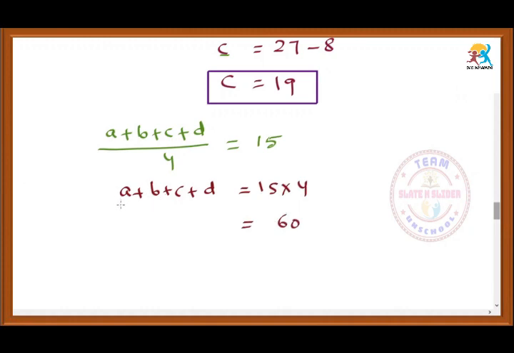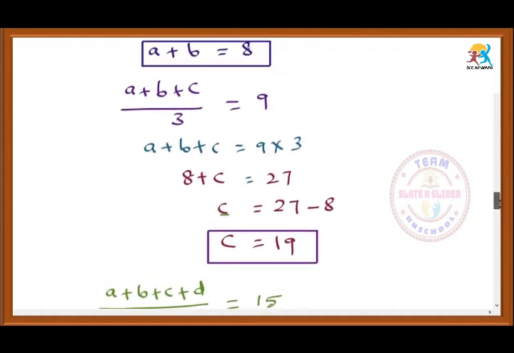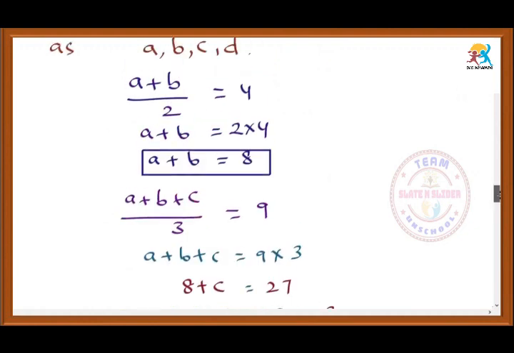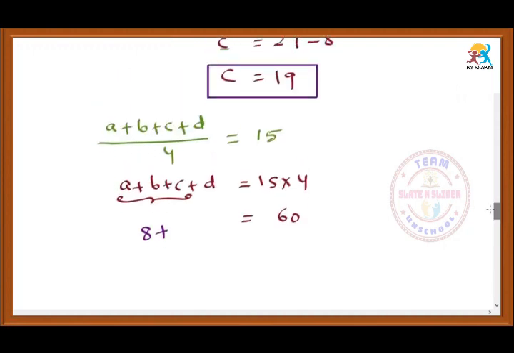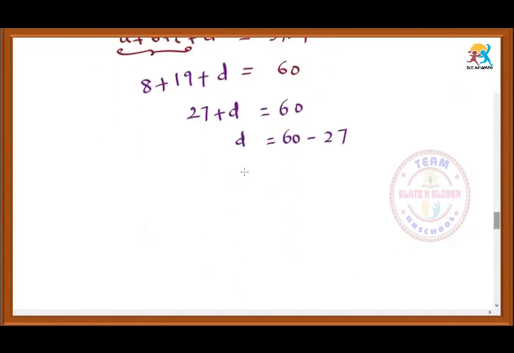We got A plus B plus C is equal to 9 into 3, 27. We know A plus B is 8, so in the place of A plus B write 8, plus in the place of C we got 19, plus D. So 27 plus D is equal to 60. D is equal to 60 minus 27. So D is equal to 33. Now we got C and D.